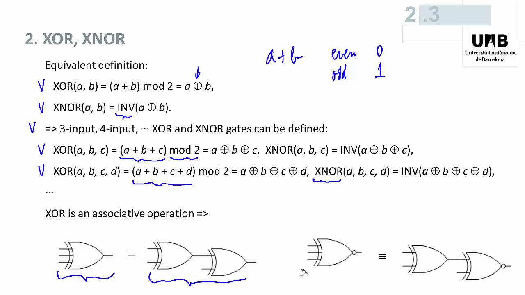And as regards the XNOR gate, a 3-input XNOR gate can be implemented in this way with one XOR gate and one XNOR gate. Don't forget that the little circle always corresponds to inverse.